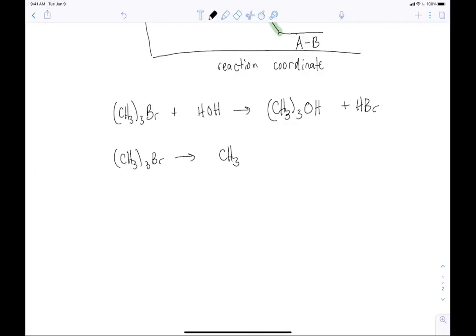If we want to look at the actual mechanism here, oh, I missed it. Sorry. Just missing a carbon atom there.